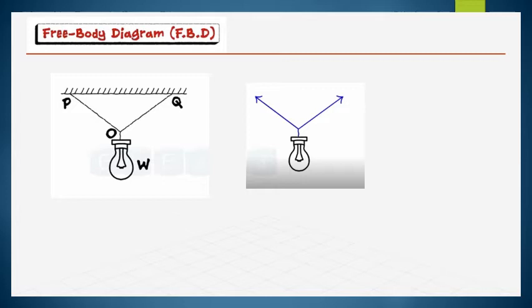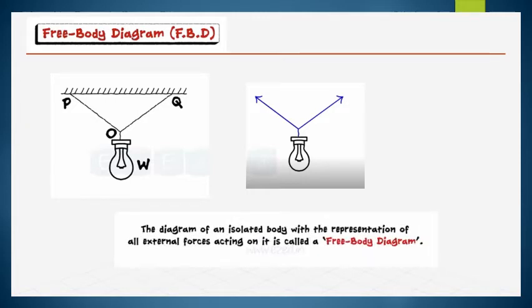As we know, cables are subjected only to tensile forces. Tensile forces are the forces which act away from the body. So the diagram which is isolated, where the contact surfaces are the supports acting on it, and showing all the forces, external as well as internal, acting on it, is called the free body diagram.